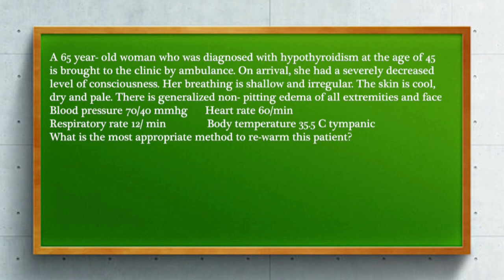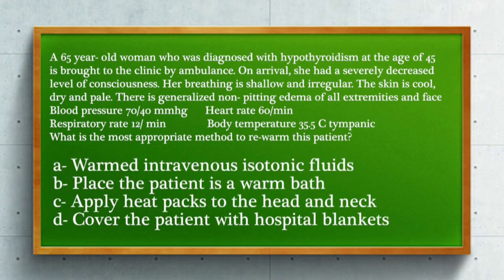Blood pressure 70/40 mmHg, heart rate 60, respiratory rate 12, body temperature 35.5 C tympanic. What is the most appropriate method to re-warm this patient? A. Warmed intravenous isotonic fluids. B. Place the patient in a warm bath. C. Apply heat packs to the head and neck. D. Cover the patient with hospital blankets. And the answer: B. Place the patient in a warm bath.